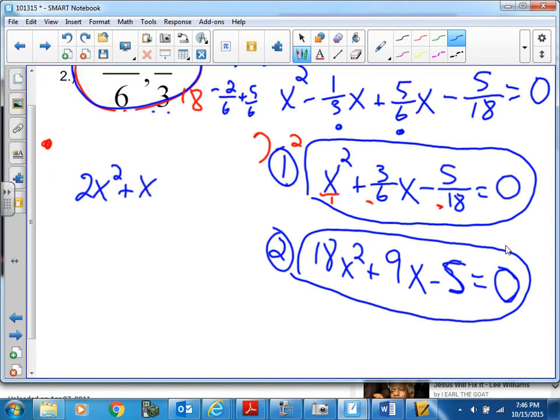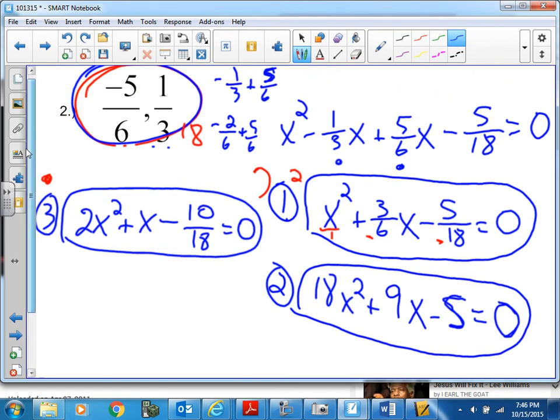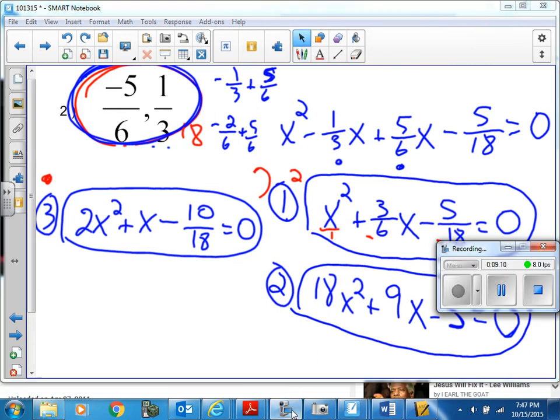And then 2 times 5/18 would be minus 10/18 equals 0. So this actually could be a third one. Again, you could multiply any of these equations by any number. As long as you multiply every single part on both sides, you are creating an equation with the same solutions. They're all going to have the same solutions, which are negative 5 over 6 and 1/3. So there's your first example.